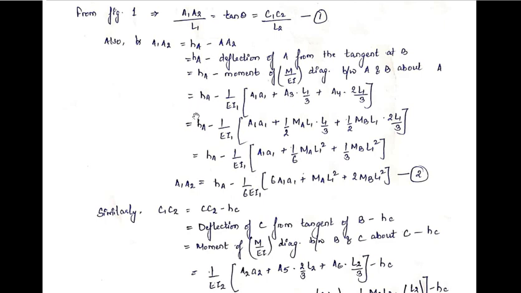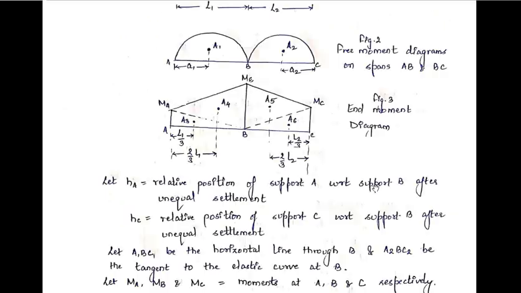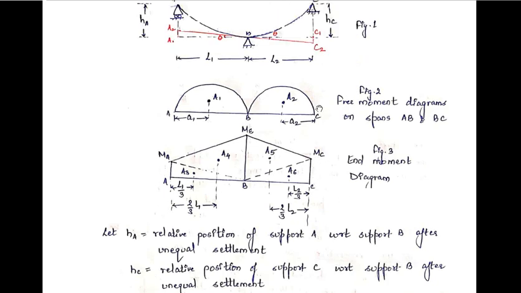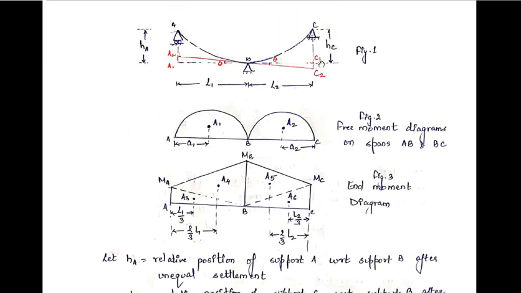Now just like we found the value of A1, A2, we will find the value of C1, C2 from the diagram. From the diagram, C1, C2 can be written as CC2 minus HC. If I subtract HC from CC2, I will get the value of C1, C2. So C1, C2 will be equal to CC2 minus HC.